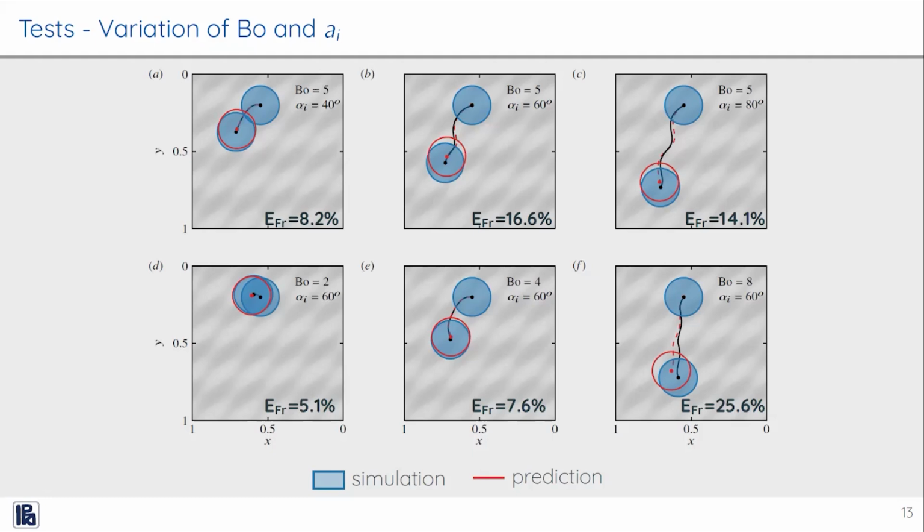And now if you go to the bottom row, we change the bond number, the magnitude of gravity, and we can see that as we increase it, again, accuracy is reduced. In the final case with a bond number of 8, we have a very large error, and this is basically because we trained our model up to a bond number of 5. So we get these large errors because the parameters that we use are outside our training distribution.